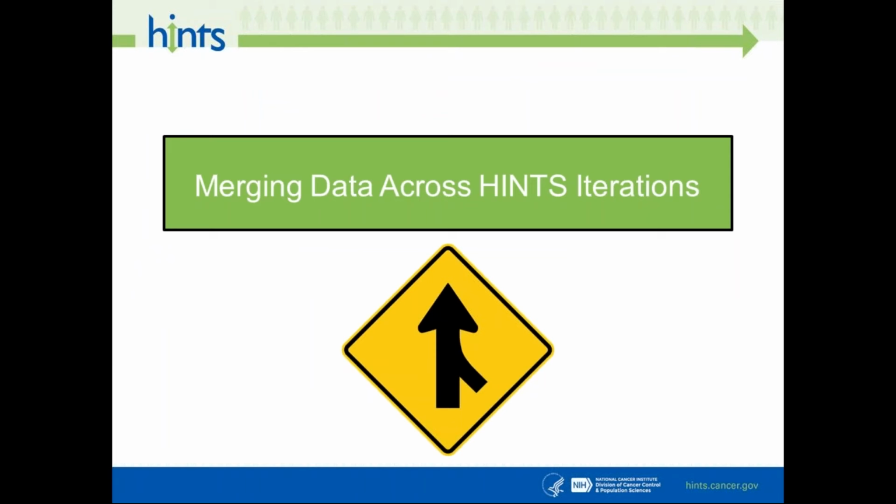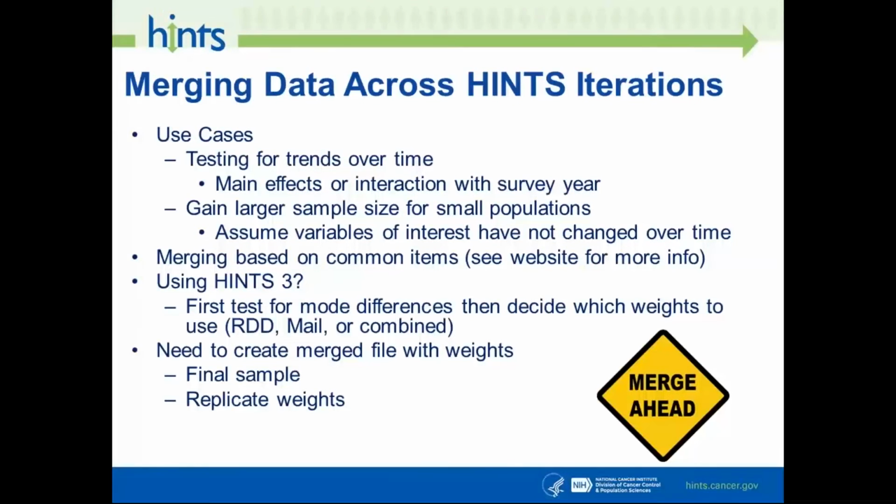Okay, cool. So what do people typically do? The typical use cases when you're merging across HINTS iterations are one of two things. Either you want to test for trends over time. Has the percentage of people who feel like they're at high risk for cancer gone up or down over time? Now that we have many iterations of HINTS, not only can we look for linear trends, going up or going down, we can look for more complex trends.